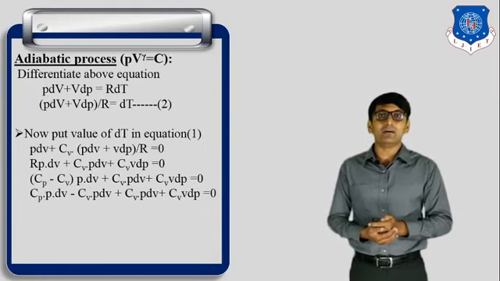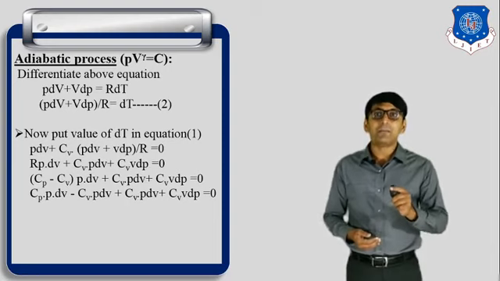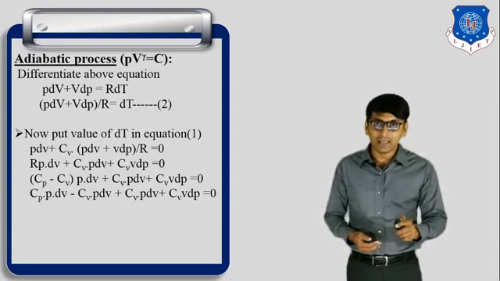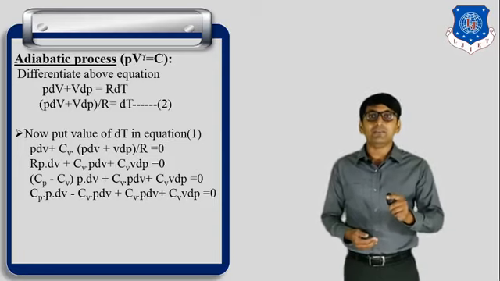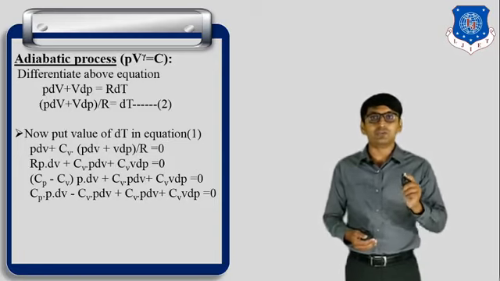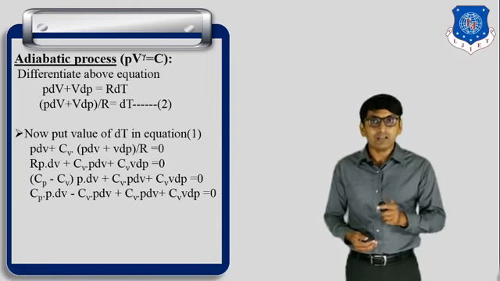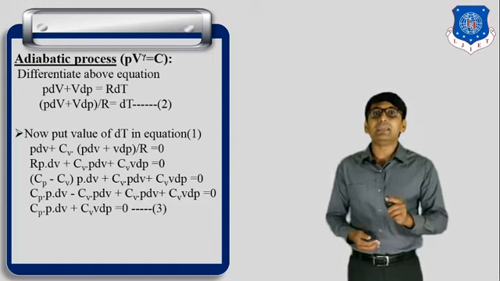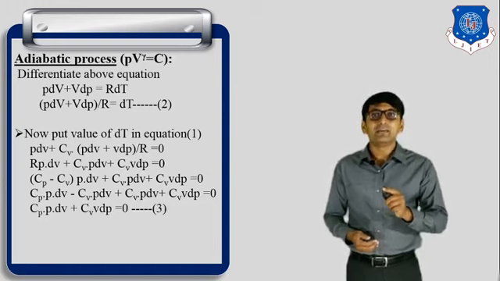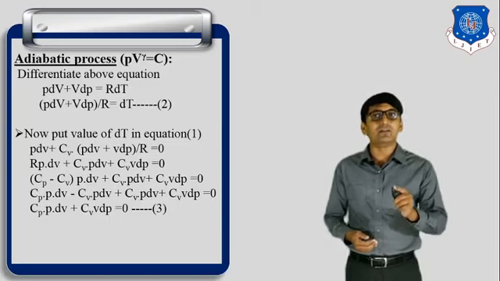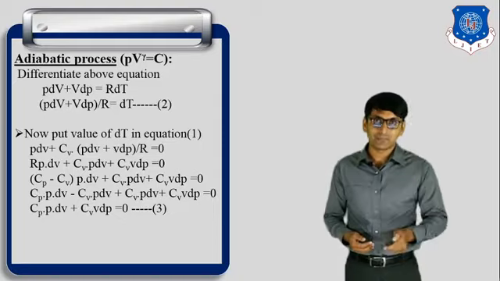Now if we expand the bracket, Cp P into dV minus Cv P into dV plus Cv P into dV plus Cv V into dP is equal to 0. So plus and minus terms cancel out, and we get Cp P into dV plus Cv V into dP is equal to 0. That is equation number 3.